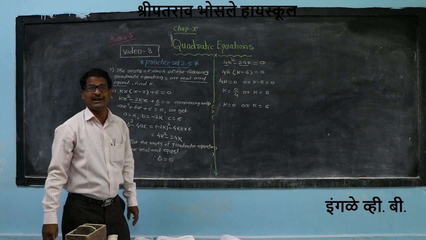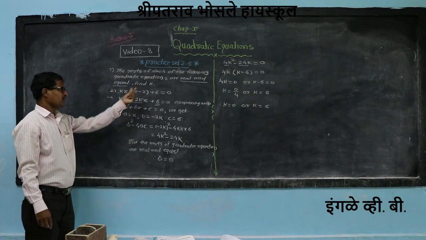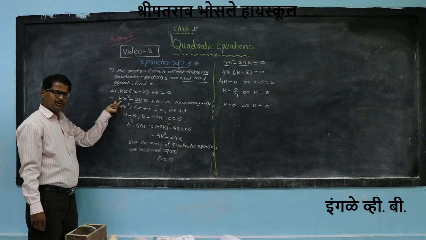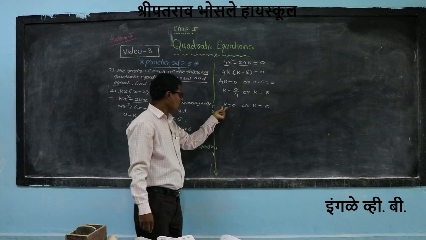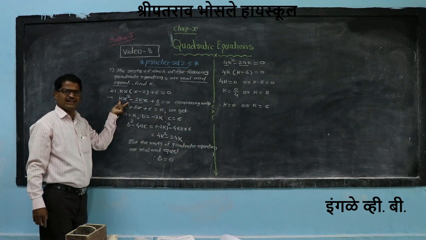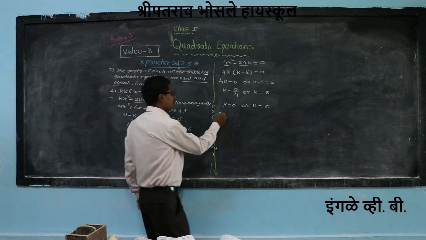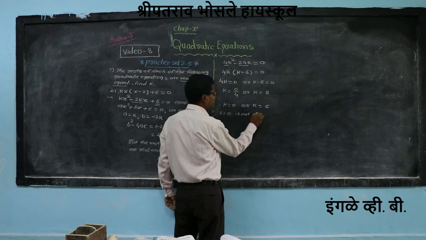We get two values here, but when we observe the quadratic equation, k is the quadratic coefficient. If we take the value of k as 0, then this equation becomes meaningless. So k is equal to 0 is not acceptable.